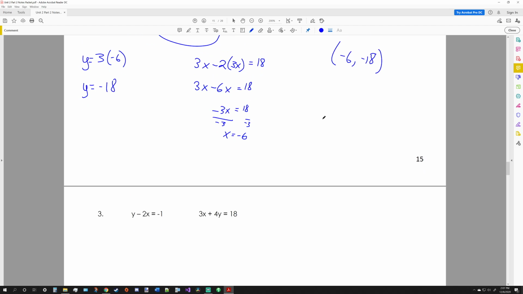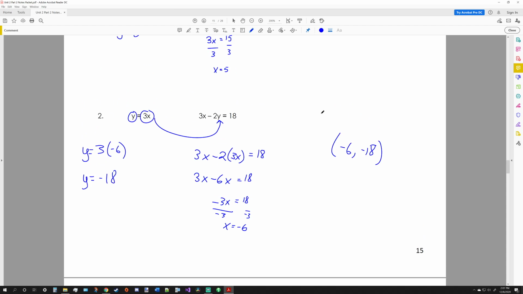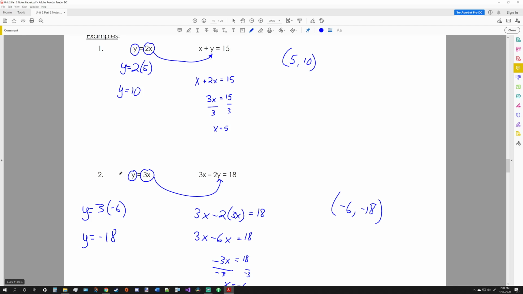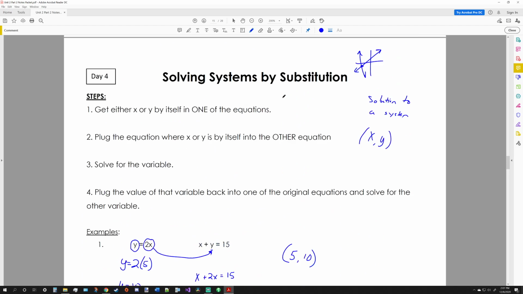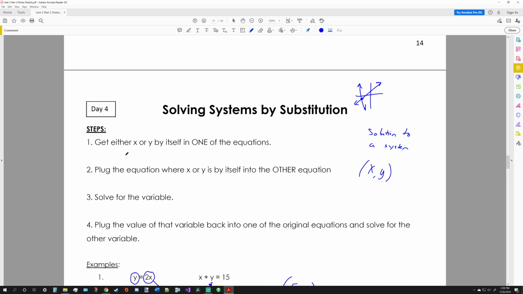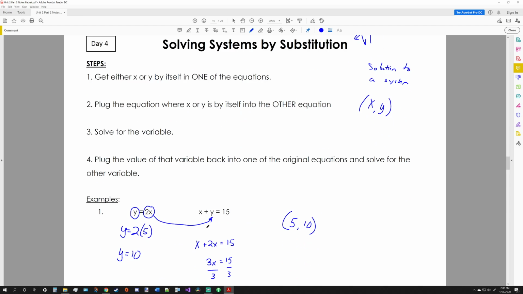So the only difference in number 3 is that number 3 is not ready for substitution yet. Remember in the examples for question 1 and question 2, we already had y by itself. But if we look back up at the steps, step 1 is to get one of the variables by itself and then use substitution. Then we solve and plug it back in to find the other variable.